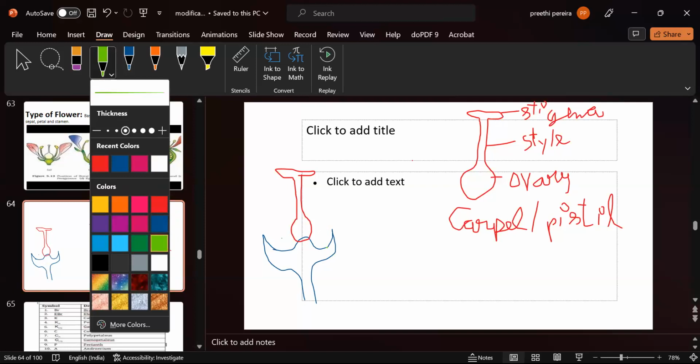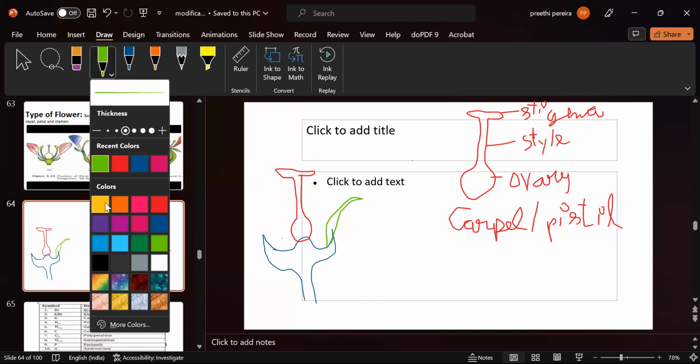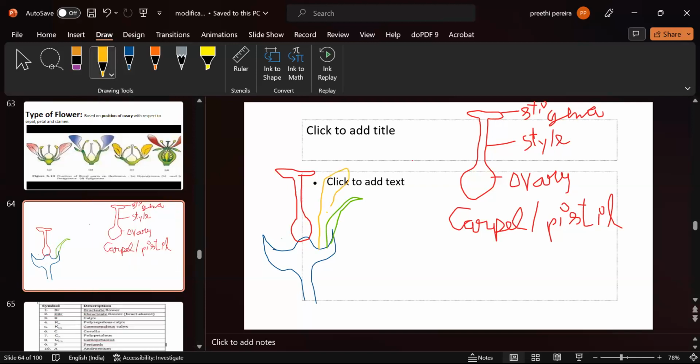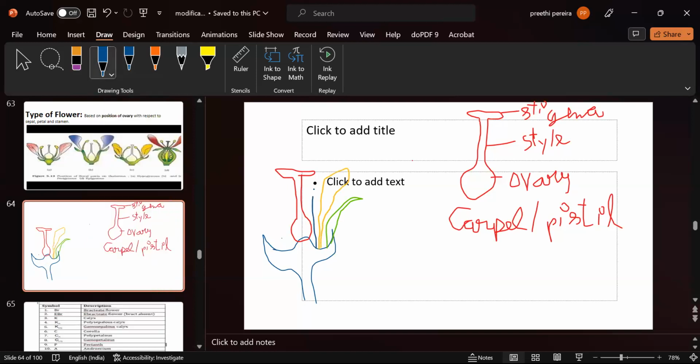So sepals come from here, these are petals, and this is the androecium, the stamens. Look over here. Sepals, petals and androecium are arising below the ovary.